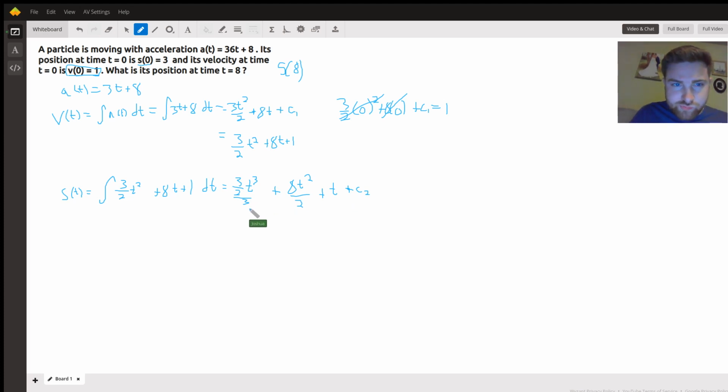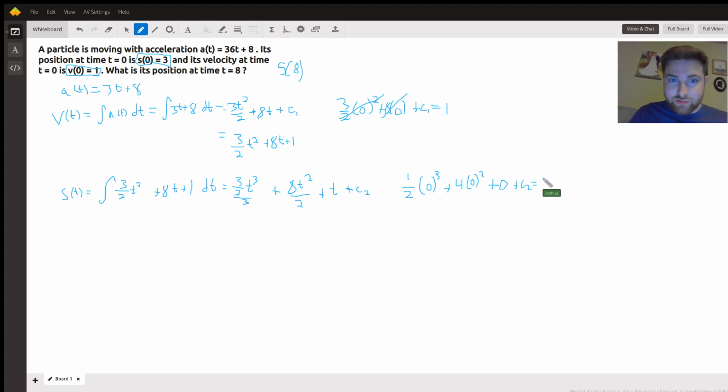Let's do a similar thing. At position, at time 0, we get 3. So if we plug in 0, we better get 3. I'm going to simplify this to be 1/2 t cubed, and our t in this case is 0. Plus 4, because 8 divided by 2 is 4, and our t is 0, and then plus 0, then add C2.